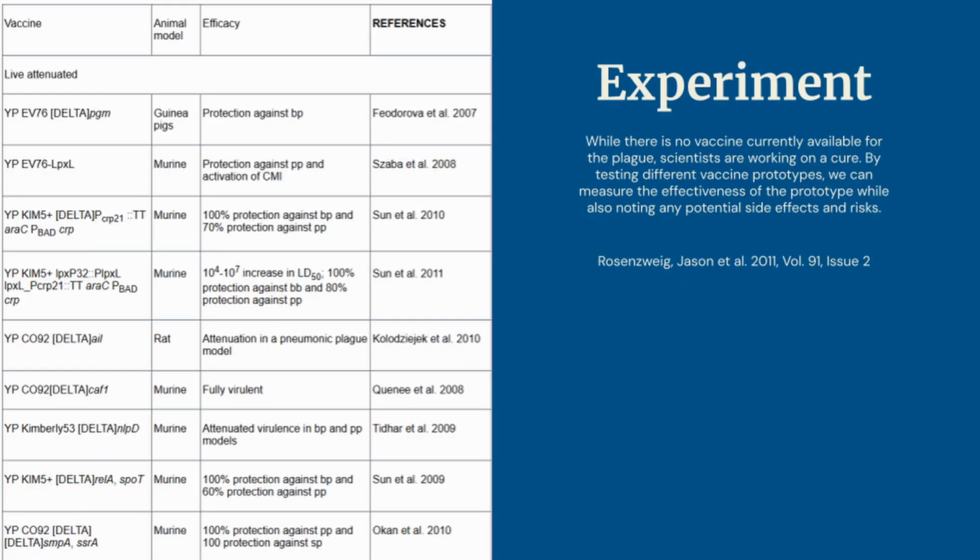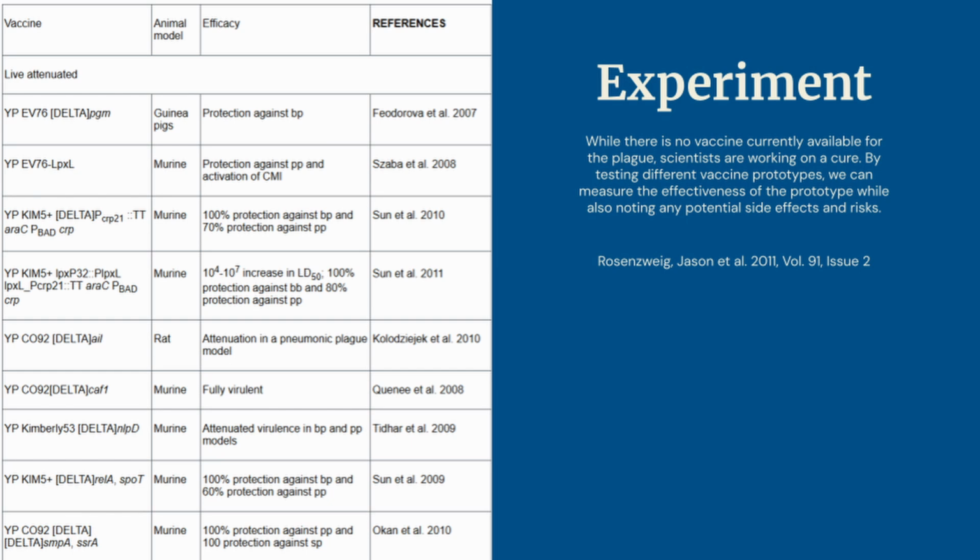All right, so I have here a chart showing vaccine prototypes being tested with animals to see their effectiveness. As you can see, there are some vaccines that seem to work pretty well on the animals against the disease. So hopefully that will mean that soon there will be a vaccine available. However, they're still undergoing testing, but I thought it was interesting.